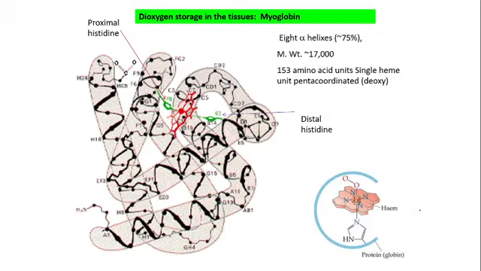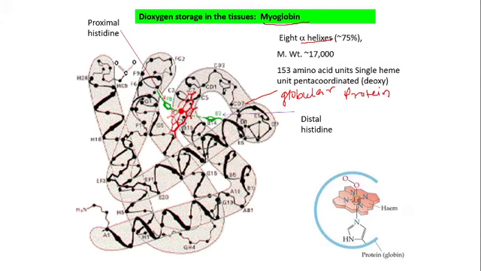Okay, so let's start with the first biomolecule, that is dioxygen storage in the tissue, called the hemoglobin. This hemoglobin contains the proximal histidine group and the 8 alpha helix structure. It is a globular protein, globular shape protein, called a globin.